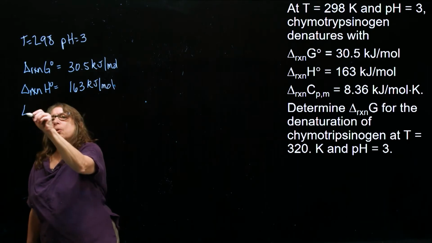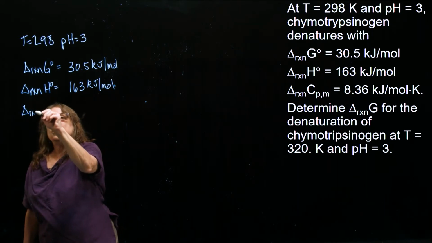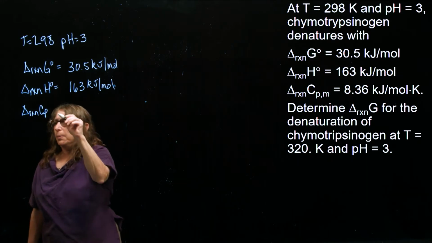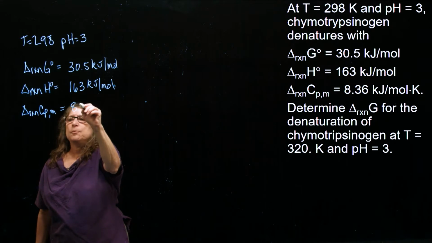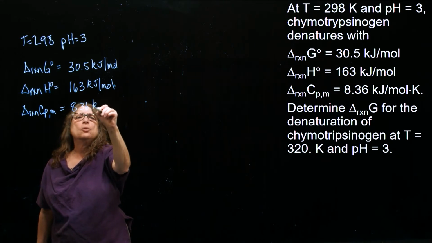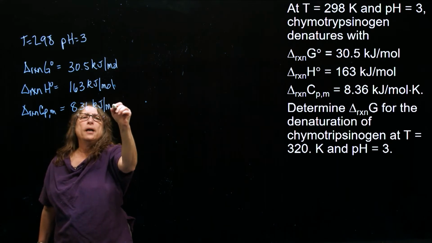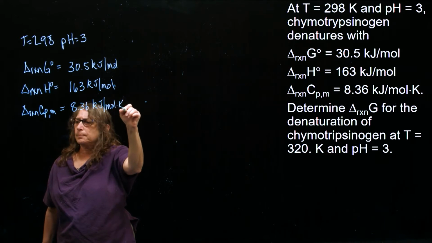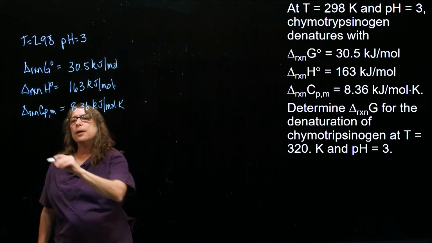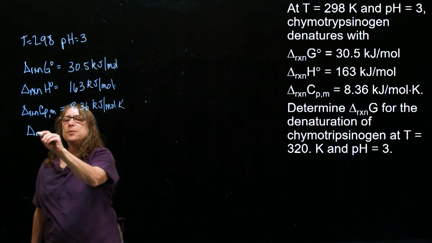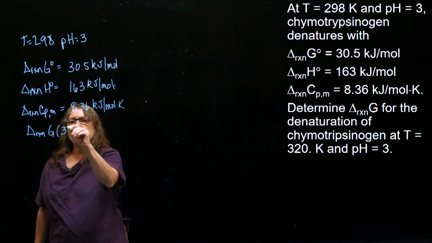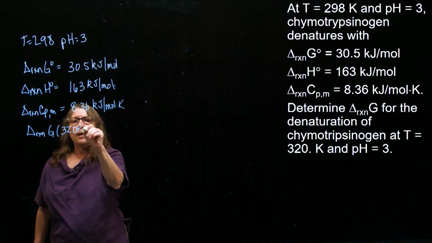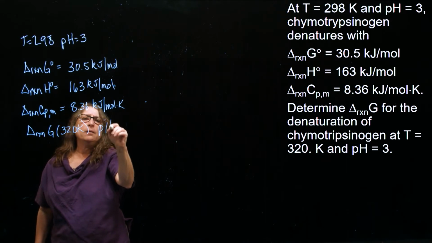We're also told that the change in the heat capacity upon reaction per mole is 8.36 kilojoules per mole Kelvin. And we want to know the Gibbs energy of reaction at 320 Kelvin and pH 3.